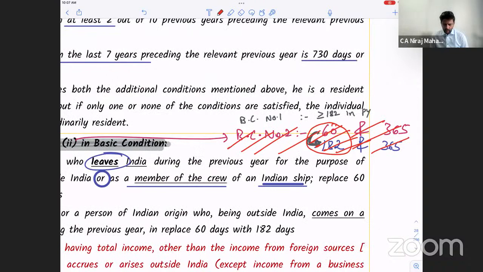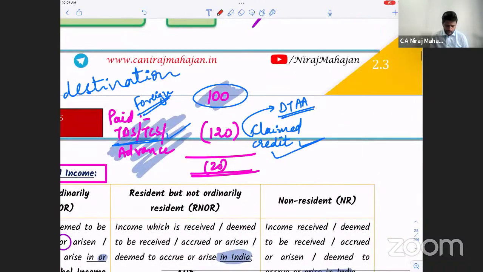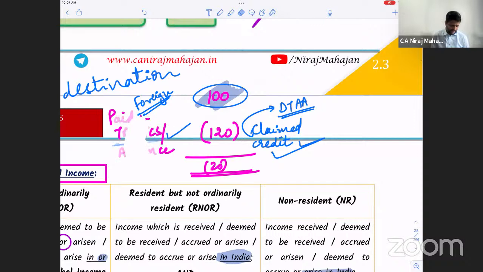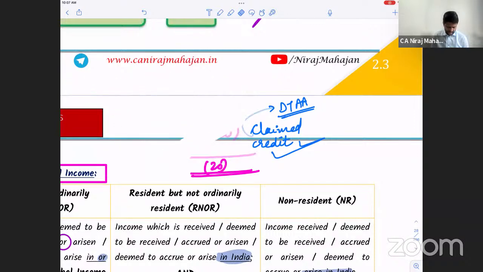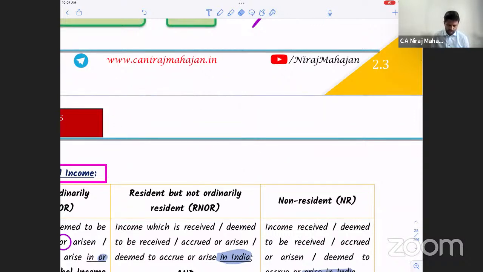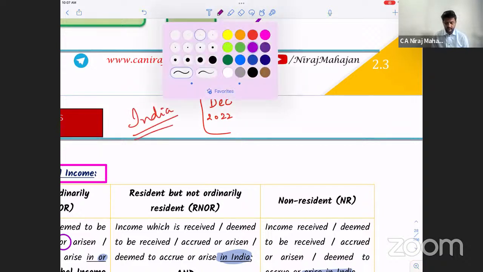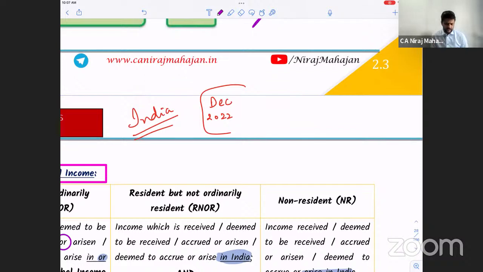Understand what used to happen. Let us say one of my friends went to Australia. He got a job in Australia, and he left for Australia, let us say, on 1st December.